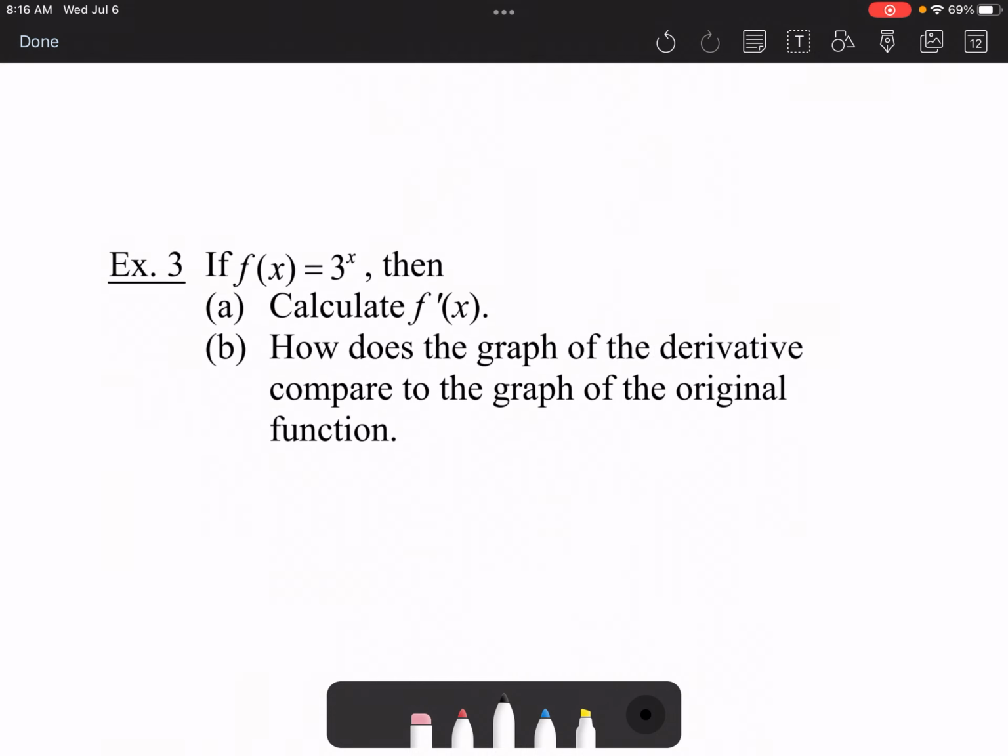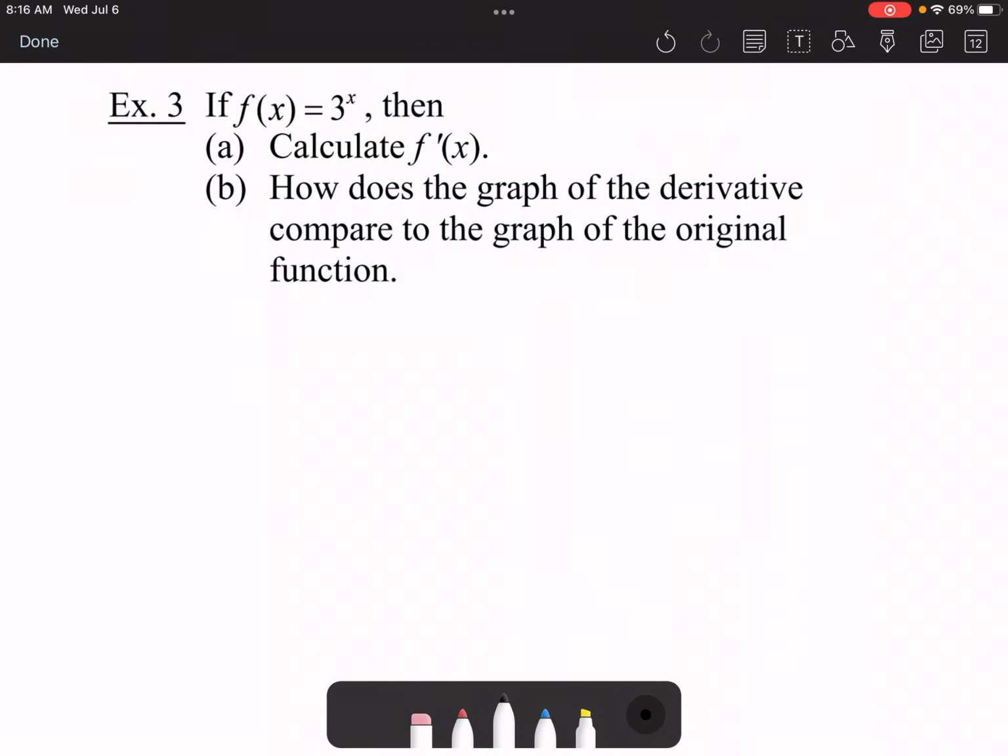Okay, last problem. Okay, so if f of x is equal to 3 to the x, calculate f prime of x. So again, f prime of x in this case would be 3 to the exponent x times the natural logarithm of 3.